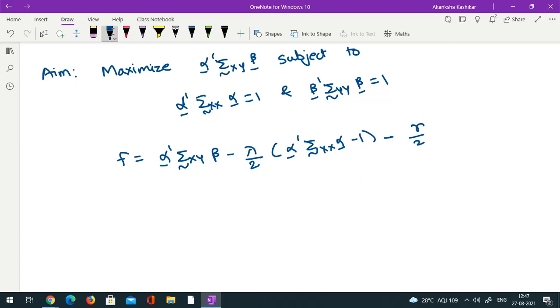Then gamma by 2 is the second constraint, beta prime sigma yy beta minus 1. So this is my objective function for the Lagrange's multiplier method. So what would be our next step?